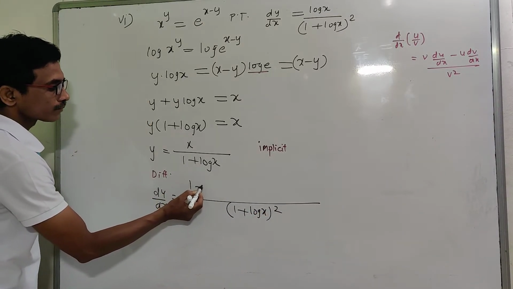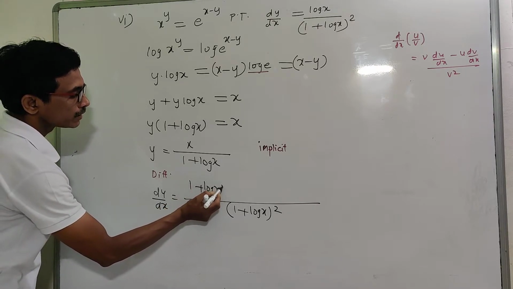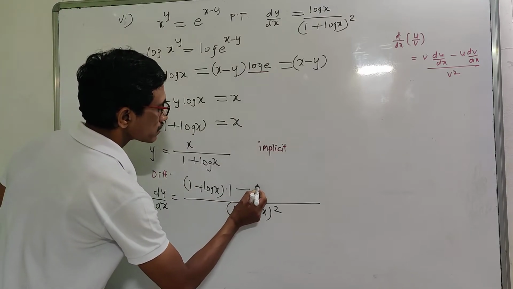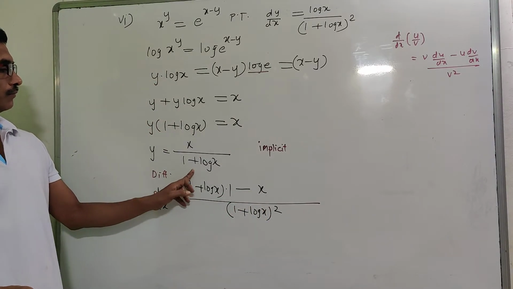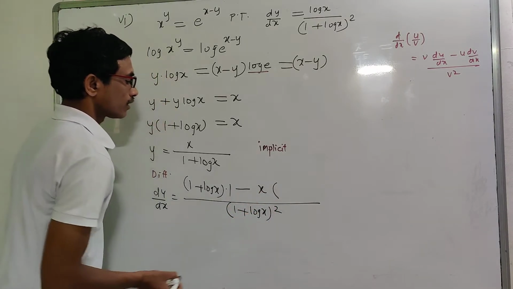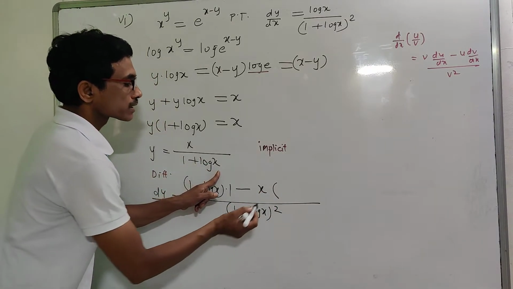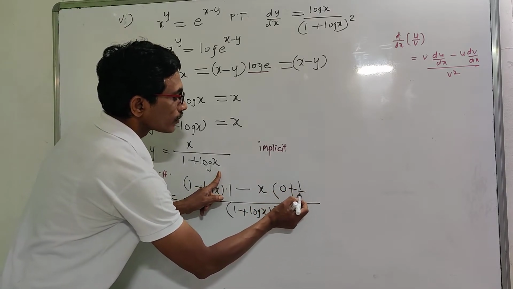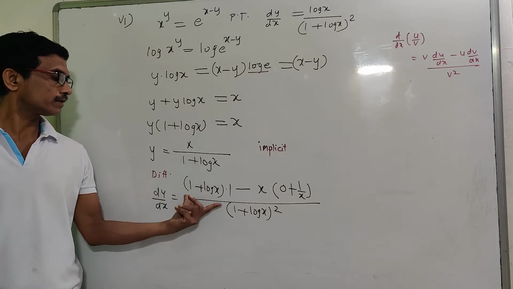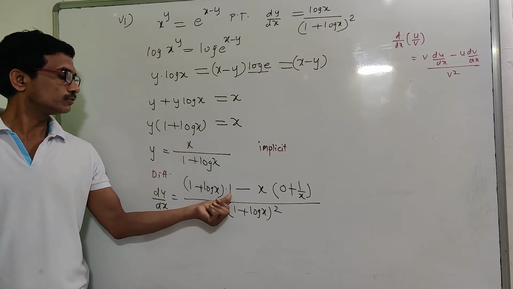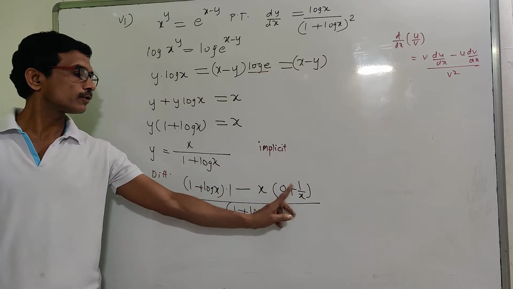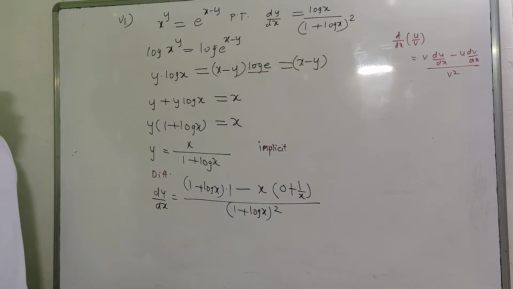In the numerator, v, that is 1 plus log x, into derivative of u, which is 1, minus u, which is x, into derivative of v. The derivative of 1 plus log x: the derivative of 1 is 0, and the derivative of log x is 1 upon x.